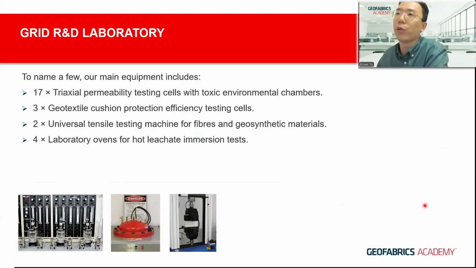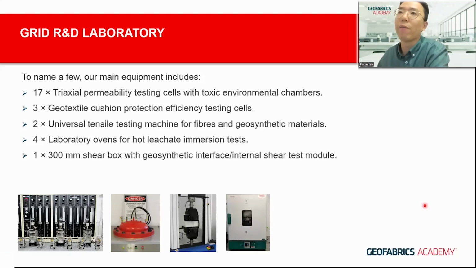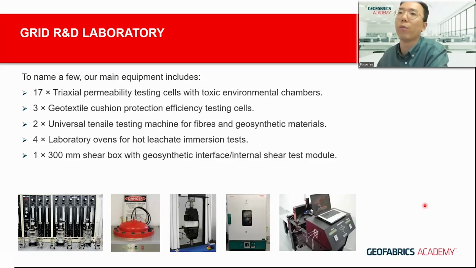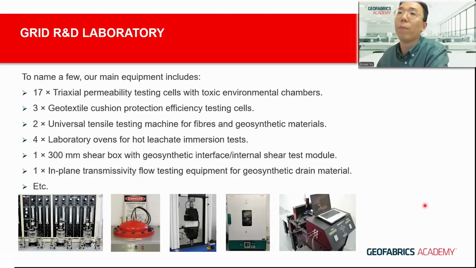We have 4 laboratory ovens, which are quite useful for carrying out hot leachate immersion tests to assess the durability or longevity of geotextiles or geomembranes. We have a 300 millimeter large-scale shear box with a specially designed geosynthetic interface and internal shear test module. And we have 1 in-plane transmissivity flow testing equipment for geosynthetic drainage materials, such as geocomposites and geonets. We have many other pieces of equipment as well, not listed here in detail.